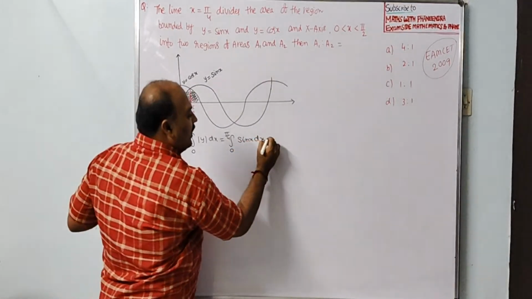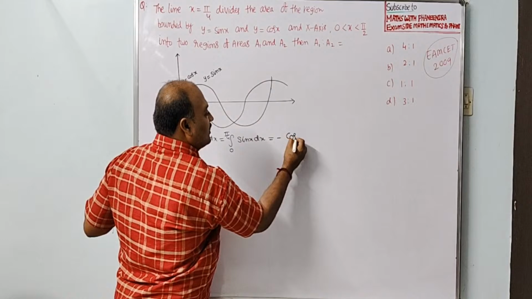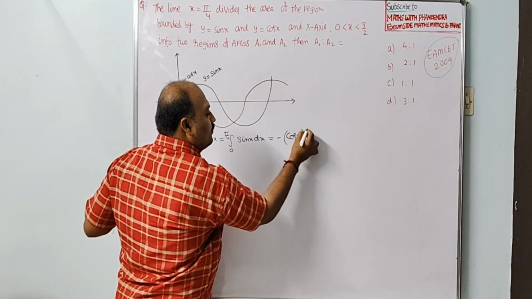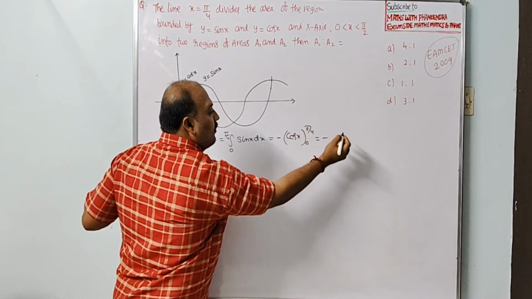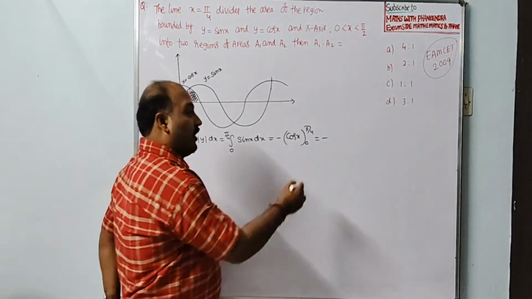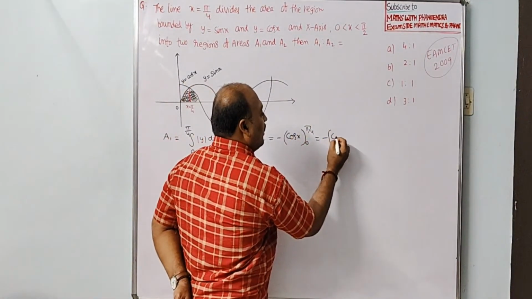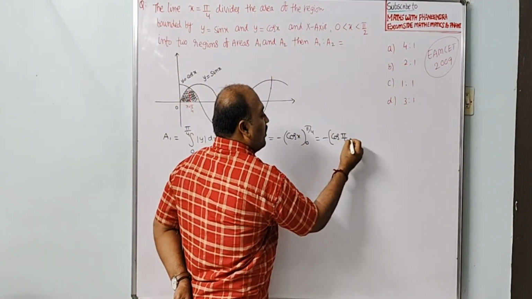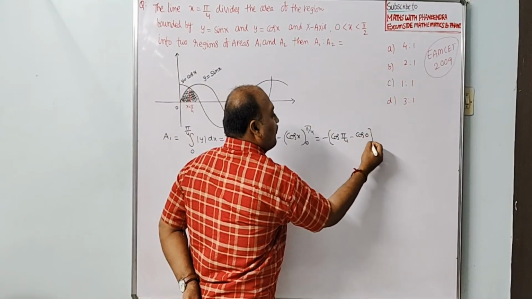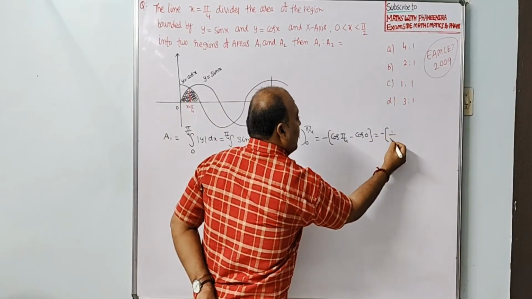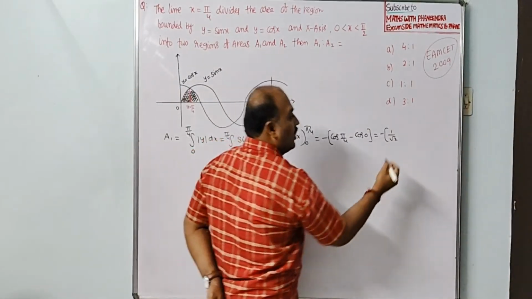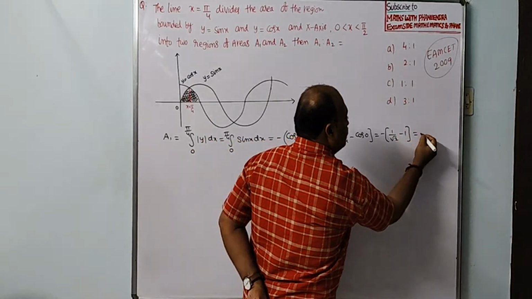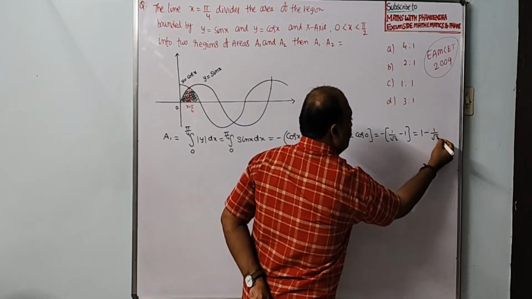The integral of sin x is minus cos x, applying the limits 0 to pi by 4: minus cos pi by 4, which is 1 by root 2, minus cos 0, whose value is 1, so it will be 1 minus 1 by root 2.